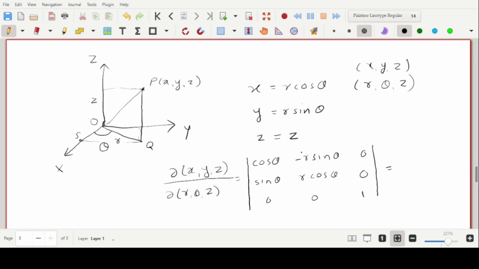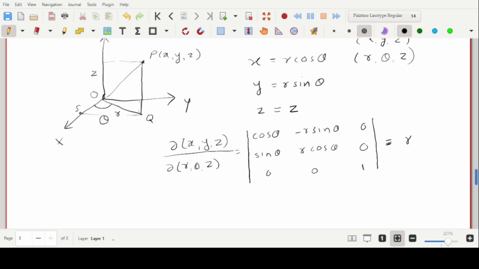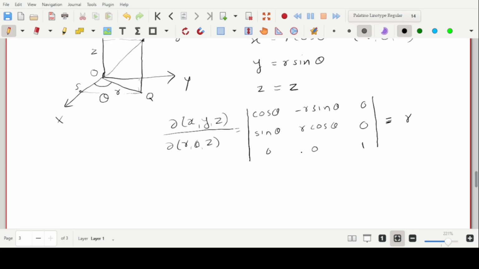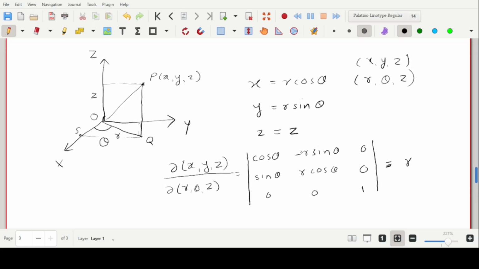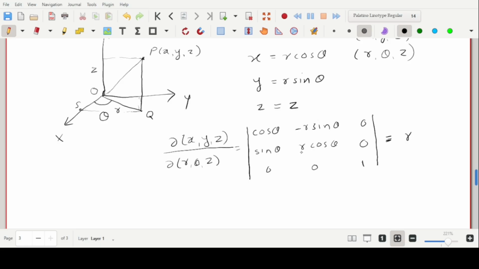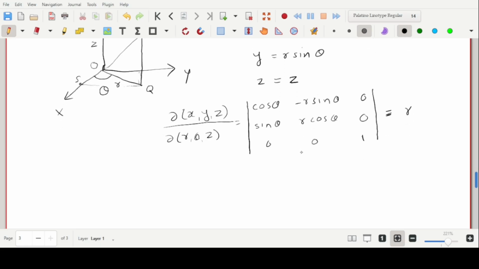Okay, and if you compute and simplify, it is r cos square theta plus r sin square theta, which after simplification becomes just r. So that is the Jacobian here. This Jacobian is much simpler than the Jacobian in the case of spherical coordinates.